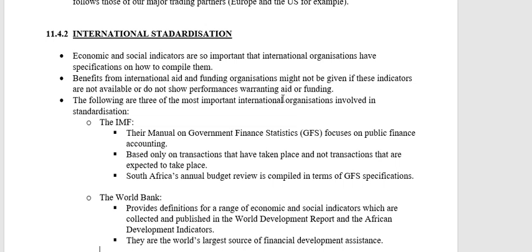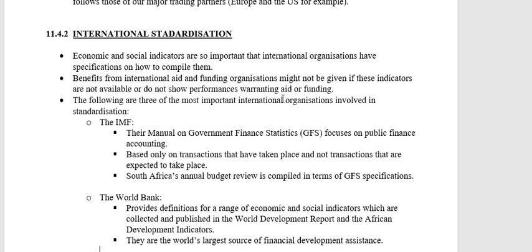Right, benefits from international aid and funding organizations. Also, this is another heading, we'll talk about that again. Aid might not be given if these indicators are either not available or they show performances that are not warranting aid or funding. So basically, when international aid organizations like the World Bank decide to provide financial help to countries, they look at the indicators. There are certain indicators that they would like to know what it is showing.